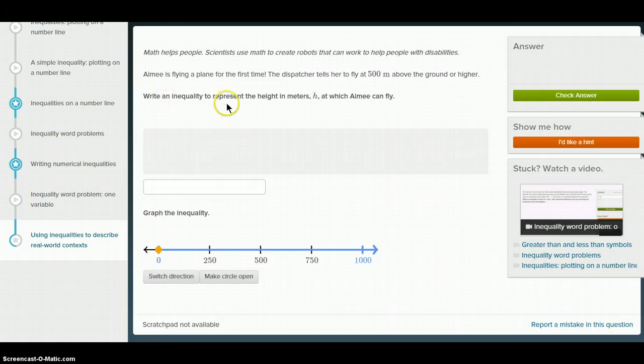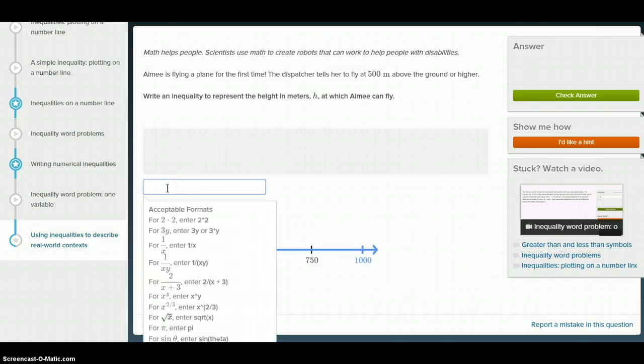Write an inequality to represent the height in meters, h, at which Amy can fly. Amy's flying a plane for the first time. The dispatcher tells her to fly at 500 meters above the ground or higher. So 500 or higher means we're going to include this 500. And the direction's right because it's pointing at values that are greater than 500.